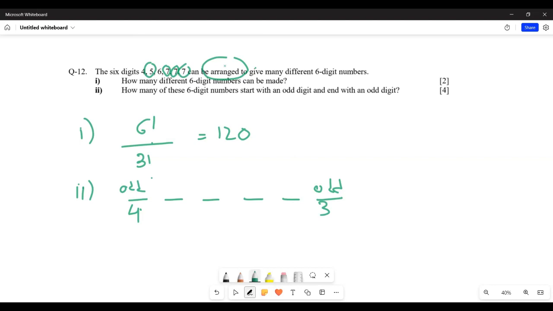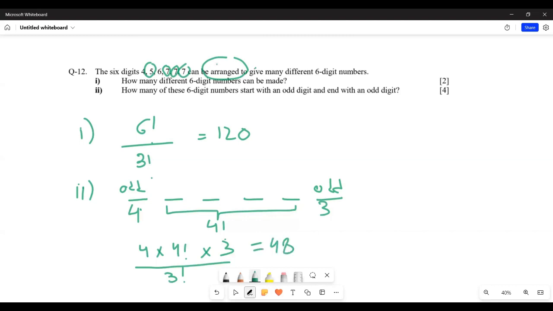That's also 4 and 3. And then 2 digits have been taken and 4 are left. So in between, it's going to be 4 factorial or 4p4. It's going to be 4 times 4 factorial times 3 upon repetitions, which is 3 factorial, because there are 3 sevens. This equals 48.